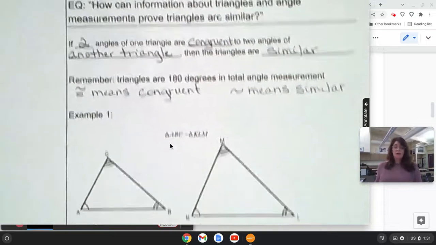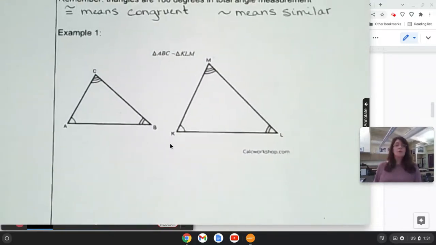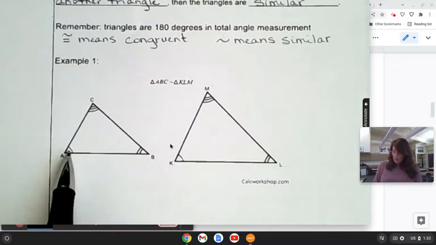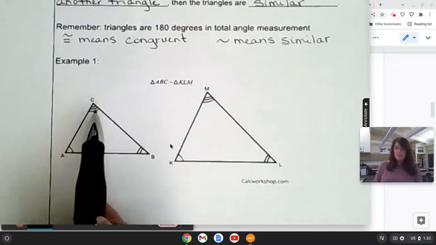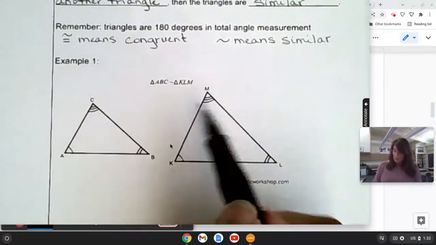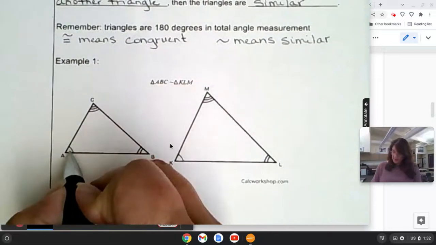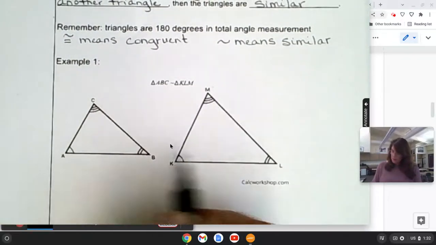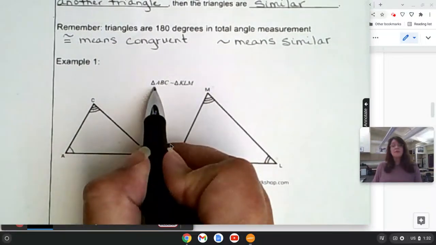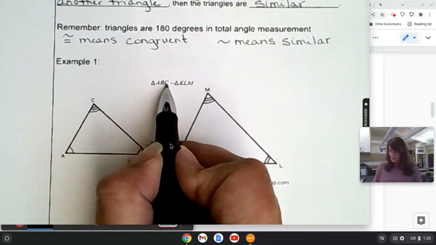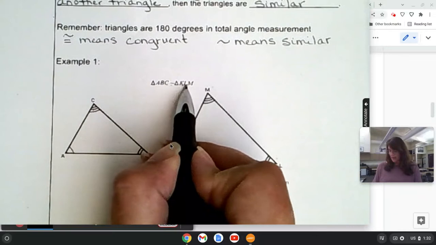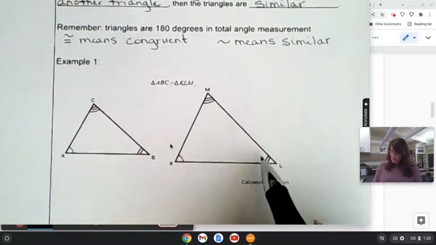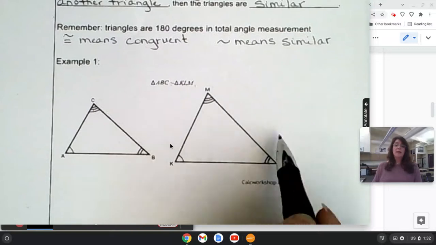Okay? And here's why. If you look at example 1, they have at least two congruent angles. They're the same measurement, and they're marked here by lines. A matches K, C matches M, B matches L. And if you look at this notation, triangle ABC is similar to triangle KLM. It matches up. But notice KLM is bigger.